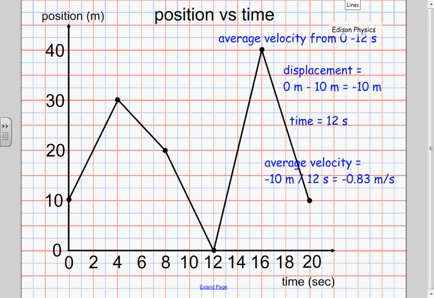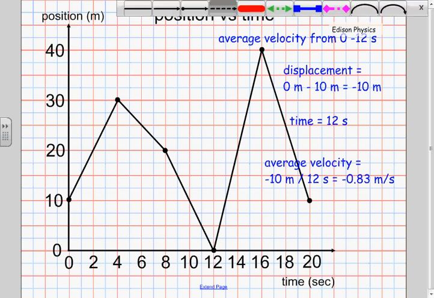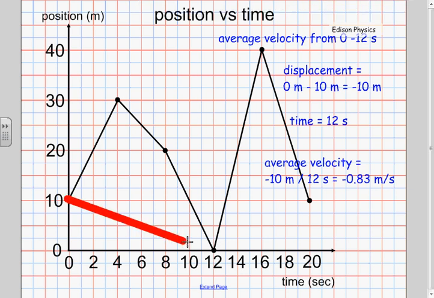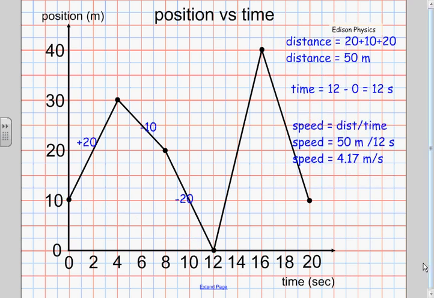But if we were to draw that line in, let me draw it real quick. If I were to draw the line from 10 to 12, it would have a negative slope. The rise would be down 10 meters. The run would be over 12 seconds. And this number that I got for my answer over here would represent the slope of this line that I drew on the graph. All right, let's go back one more.